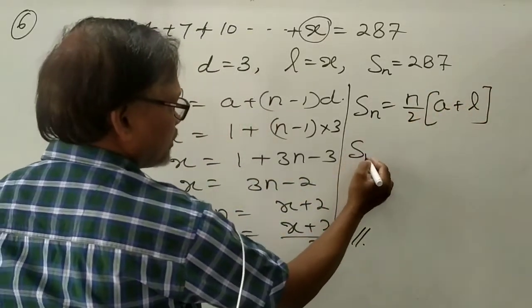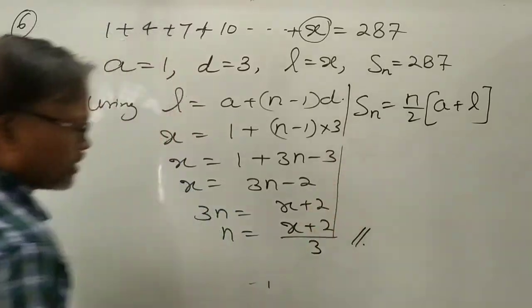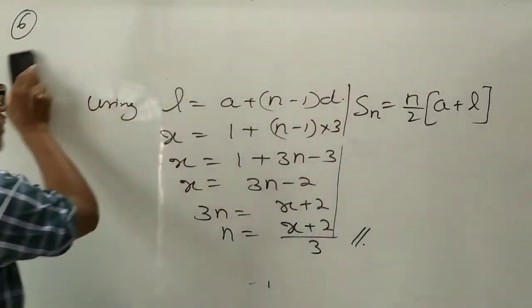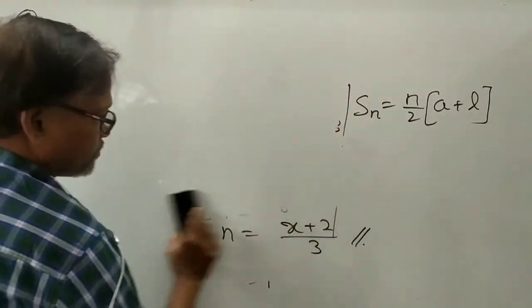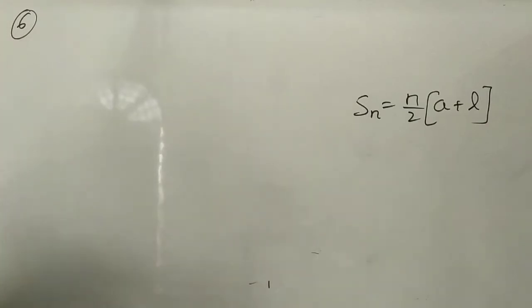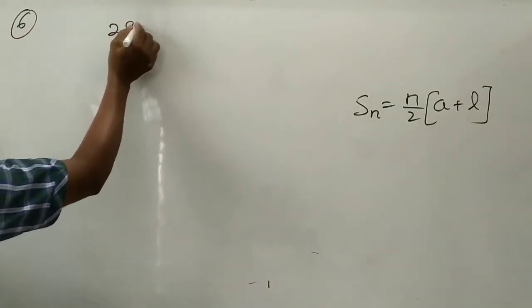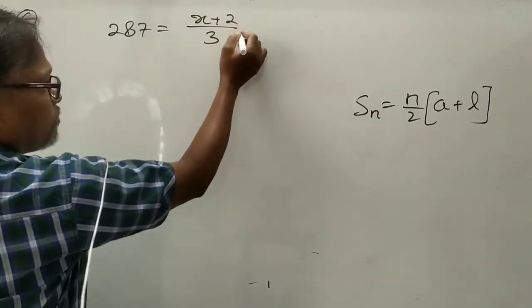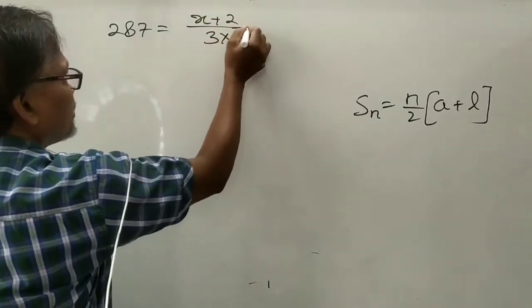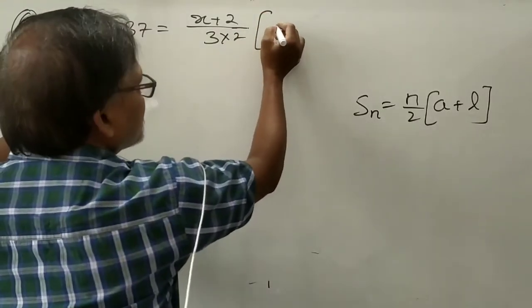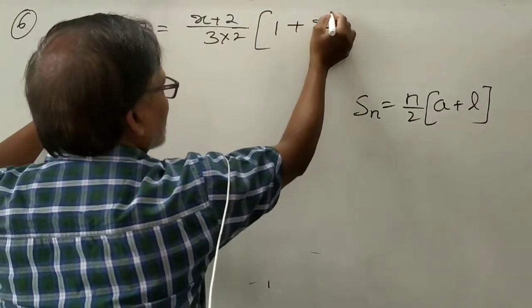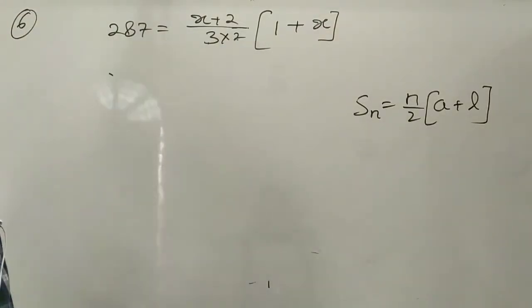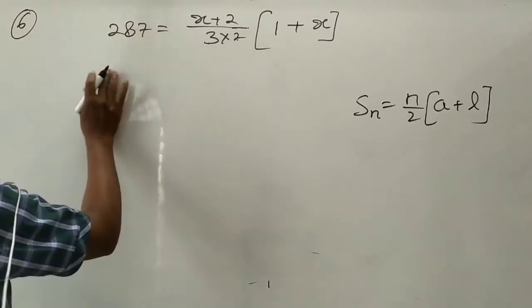Use this formula, and in place of Sn you will get 287. n means x plus 2 by 3, by 2 means 2 will be in the denominator, a means 1 and l means x.